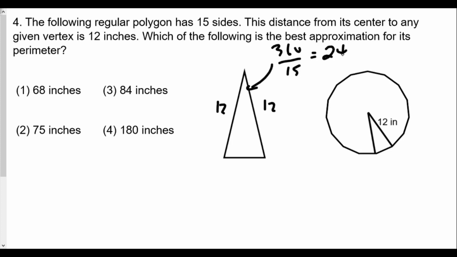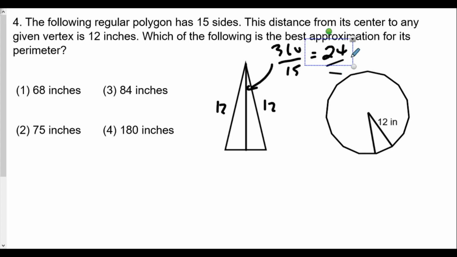Then they say, let's draw an altitude that goes down from the vertex. Now that angle is half of 24, so we divide that by 2, and we get 12 degrees.